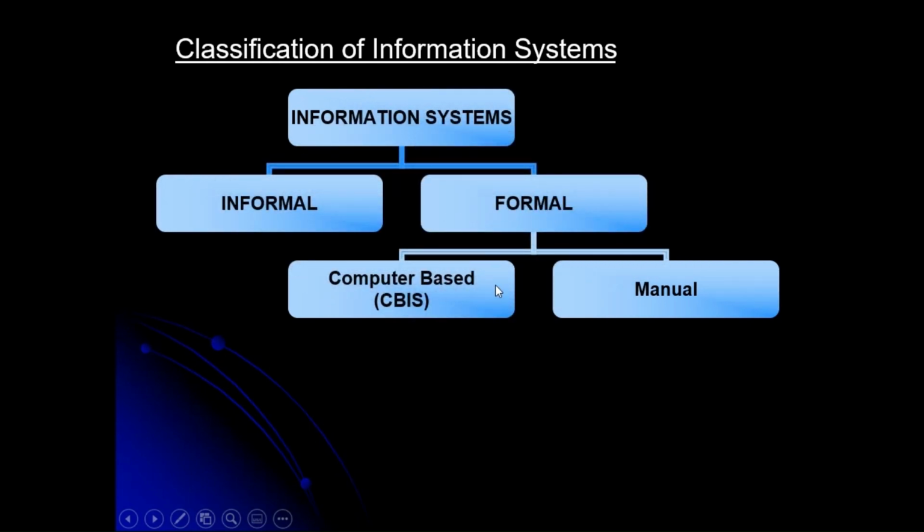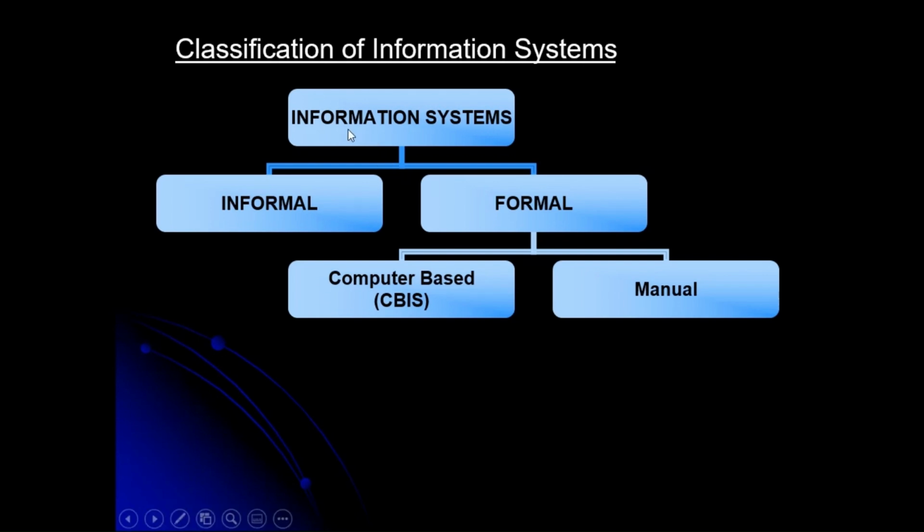Okay, let's move to classification of information systems. Information systems mainly we can classify into two: informal information systems and formal information systems. Formal information systems you can further break down into computer-based information systems and manual information systems.